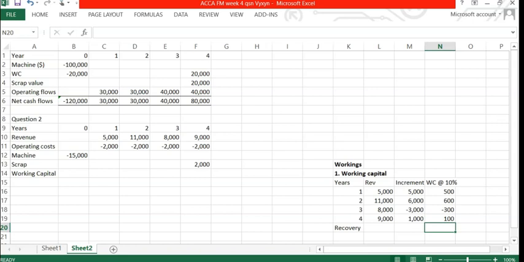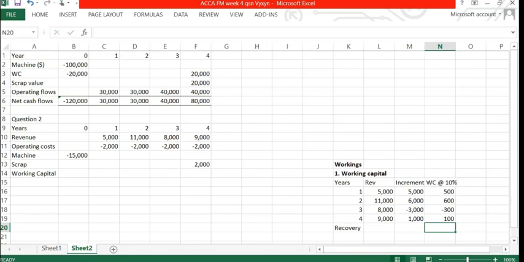But you can also see in year 3 that we did not use any cash, any working capital, but rather we saved. Okay, so the decrease in revenue actually was a saving to us. We did not require any working capital. In other words, we saved.